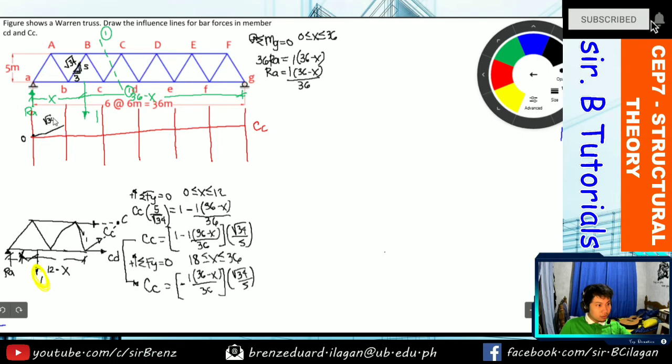Calculate. 12. So, magiging square root of 34 over 15.